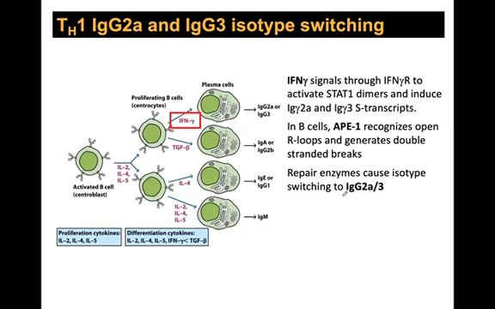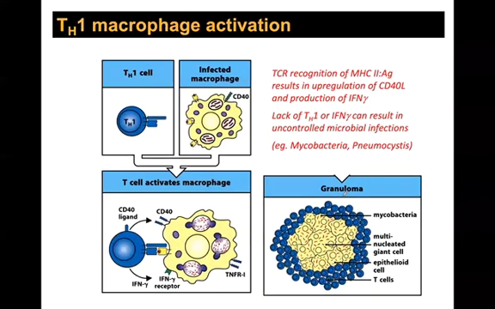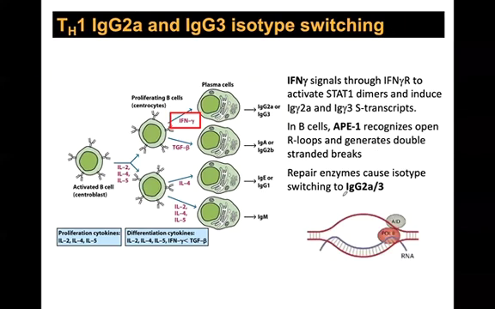Okay, so that's what the Th1 cell itself is doing out in the periphery, but I want to bring this back to the follicular helper cell. If you get Th1 cells that are making interferon gamma, you're going to get follicular helper cells that are also making interferon gamma. Remember what this does.